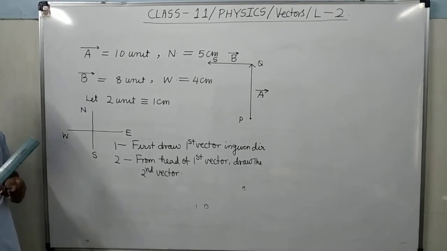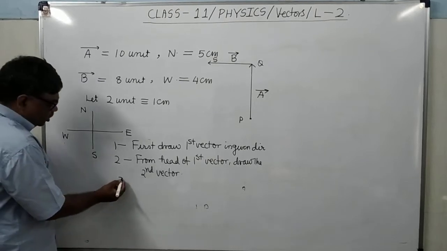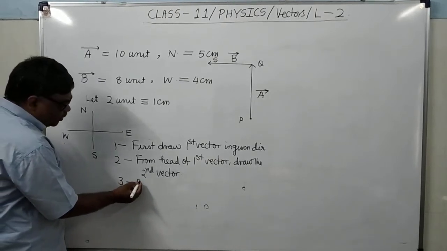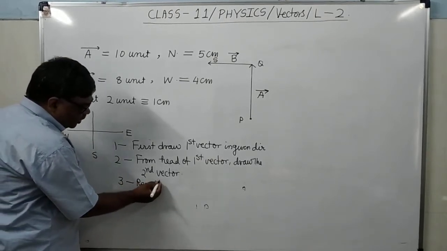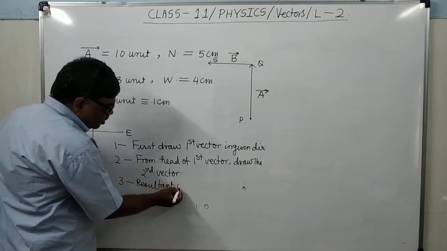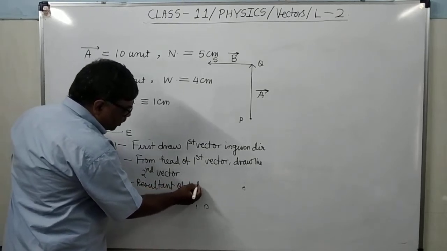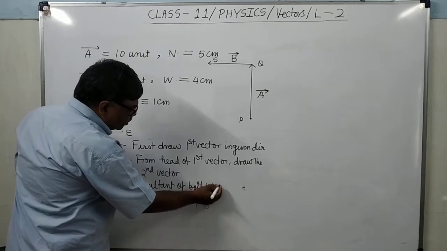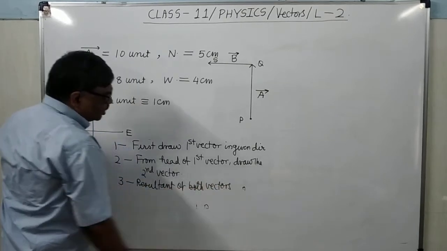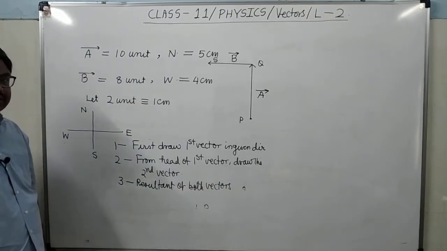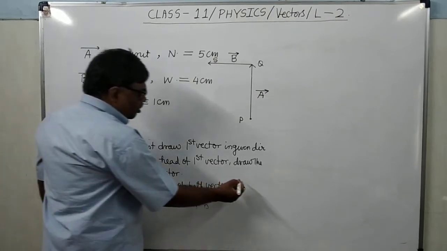So what will be the resultant of these two vectors? When we say resultant, it means the vector sum of both the vectors.